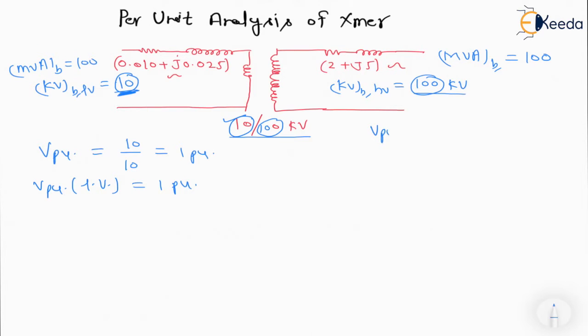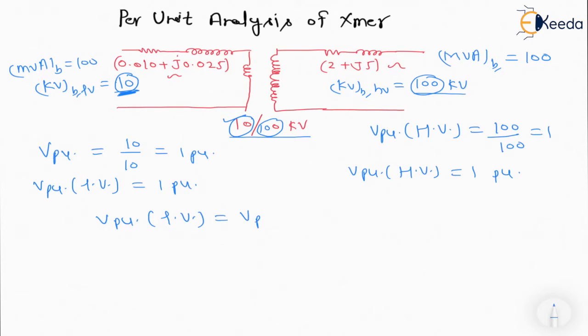So V pu of HV will be 100 upon 100, equal to 1, so V pu of HV is equal to 1 pu. We can see from here that V pu of LV is equal to V pu of HV, and we also know that Z pu referred to LV is equal to Z pu referred to HV.